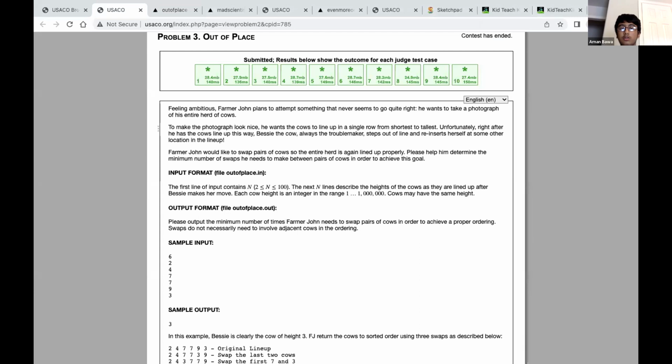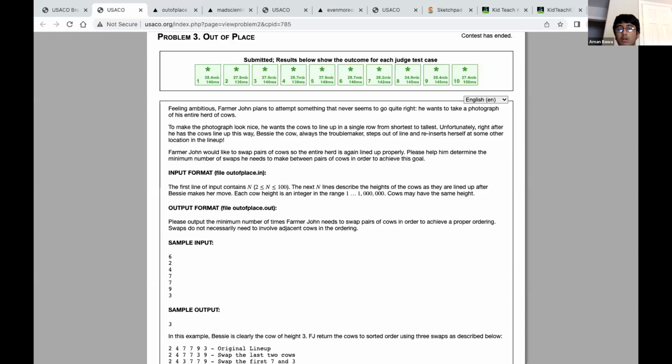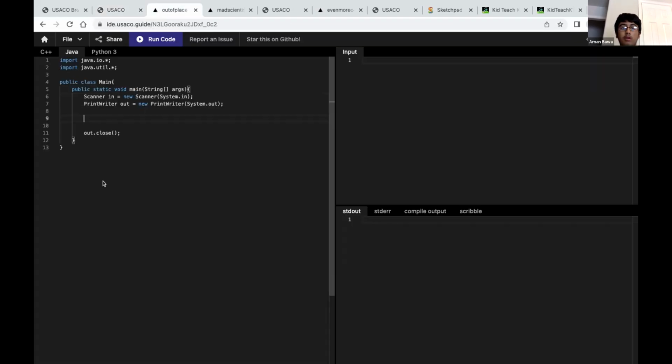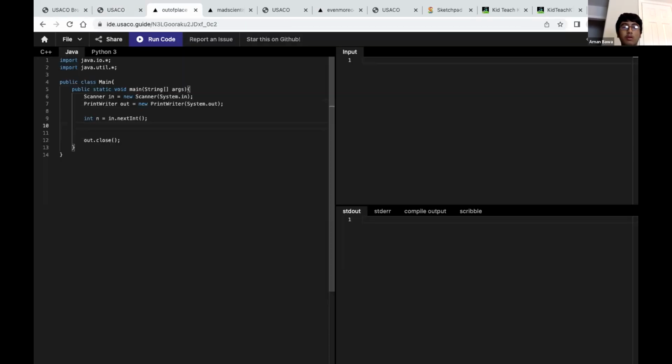So the first thing, as usual, we're gonna make our scanner. And then we're gonna make our print writer. And then close our print writer. Okay, then we can read in our n. And we can read in the order of the cows. So we'll just make one array for that.